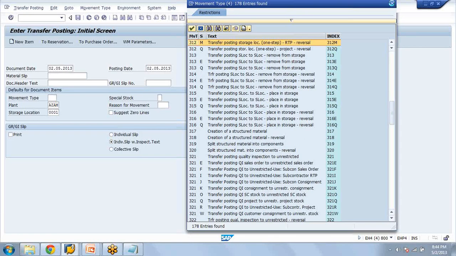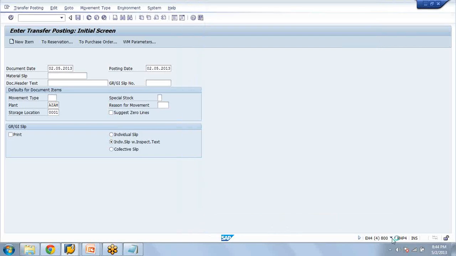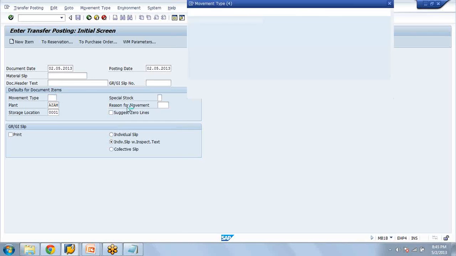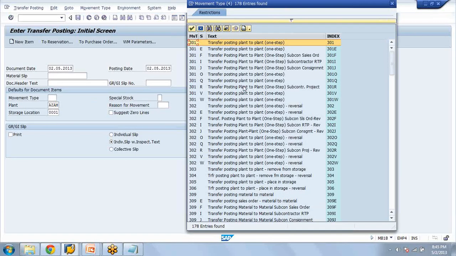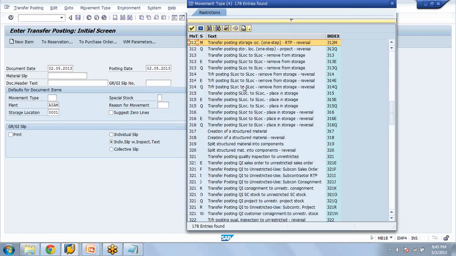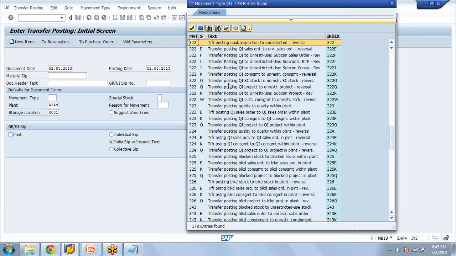Every time it is changing, no? Or we can go to the movement type on the top, from blocked to unrestricted. On the top, on the left-hand side of your box. Come out of the box, close the dialog box.